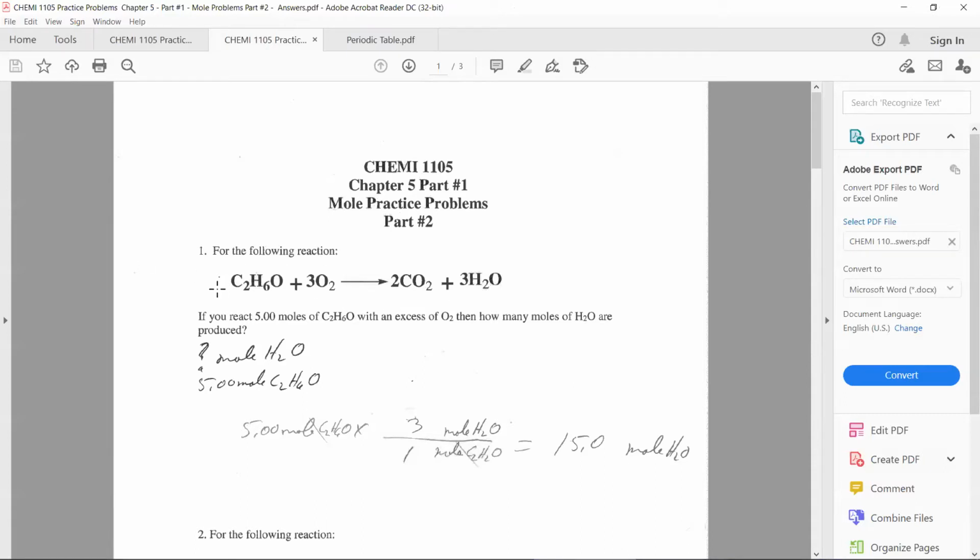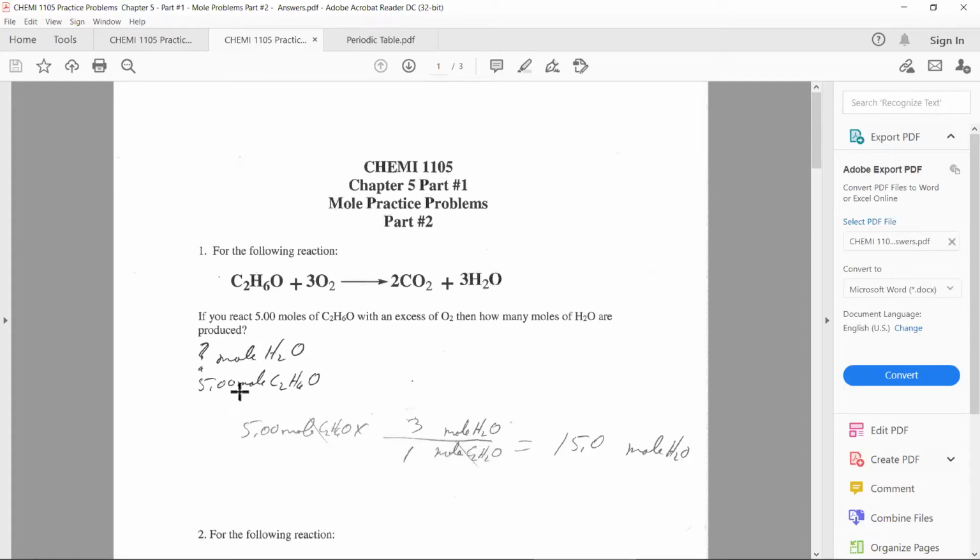So given this balanced chemical equation, if you react 5 moles of C2H6O with an excess of oxygen, when you see excess of something, that means ignore it because you've got enough oxygen in the world that will react with anything oxygen will react with. Then how many moles of water are produced? We're trying to find moles of water.